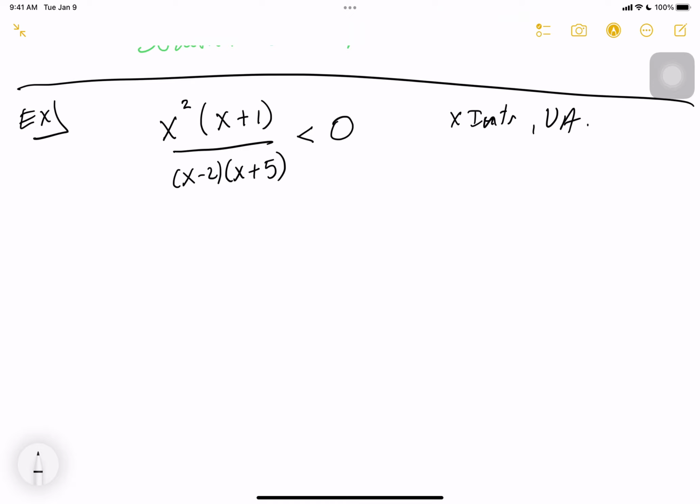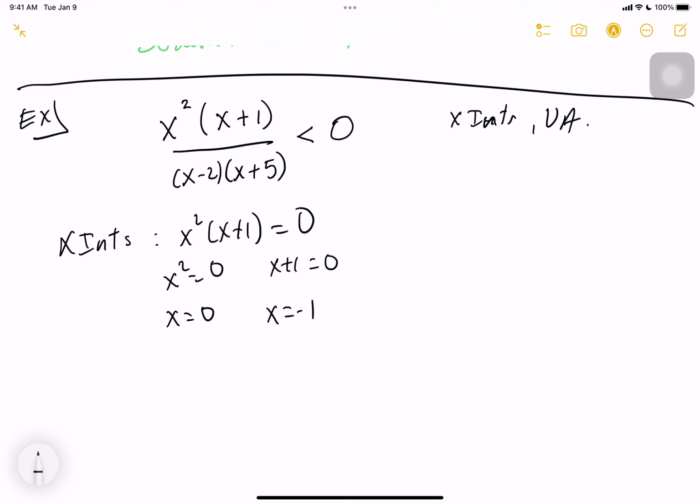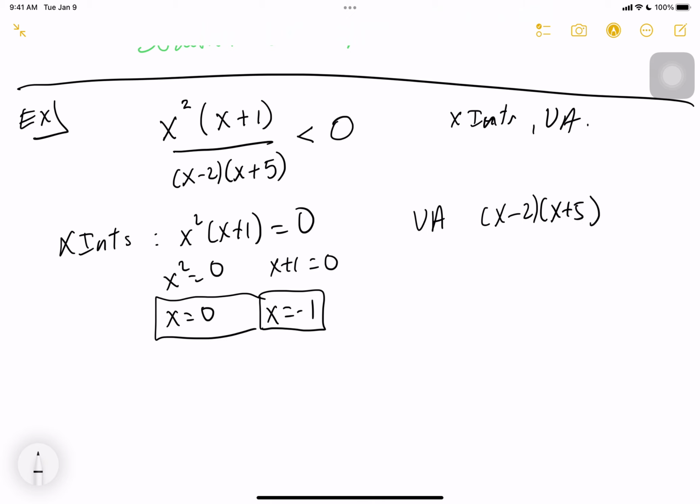Let's find the x-intercepts first. The x-intercepts come from the numerator. So you take the numerator, you set that equal to 0. x squared equals 0, therefore x equals 0. And then x plus 1 equals 0, therefore x equals negative 1. These are the two x-intercepts for the graph. The vertical asymptotes come from the denominator. So x minus 2 equals 0, therefore x equals 2. x plus 5 equals 0, therefore x equals negative 5.